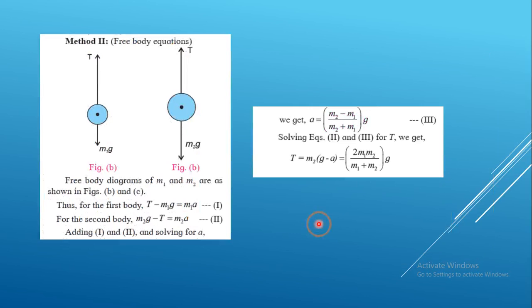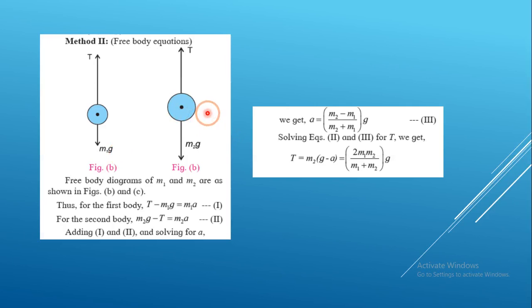Method 2, that is the free body equation. For the first body, you can see that T is vertically upward, m1g is vertically downward. We know that the upward acceleration is A. So this A is vertically upward, along with the tension T. So this will become T plus m1A is equal to m1g, or you can write T minus m1g is equal to m1A.